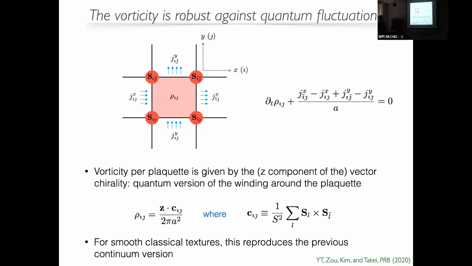So there are four contributions, 1, 2, 3, 4, this cross product between the adjacent spins. That's the definition of quantum vorticity per plaquette.